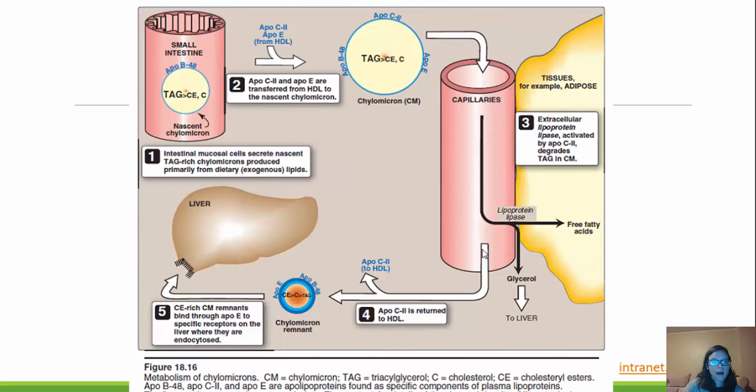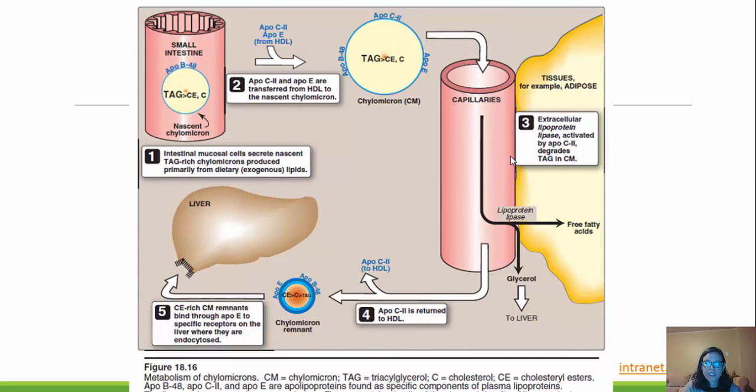Okay, so this figure is showing what happens to our chylomicrons from start to finish. We have our chylomicron that's produced in the small intestine. Then it goes into our lymph system and then into our capillaries.